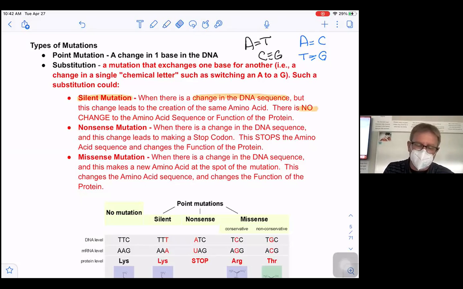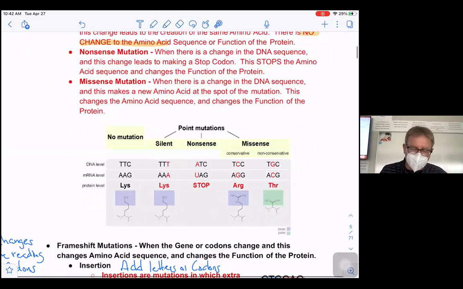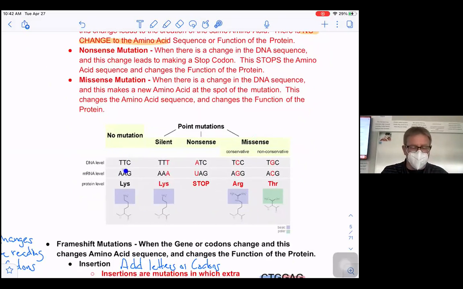In the example below, here's our original strand of DNA, that three-letter sequence called a codon, TTC. The mRNA codon is AAG. When we translate AAG into an amino acid, we get lysine.